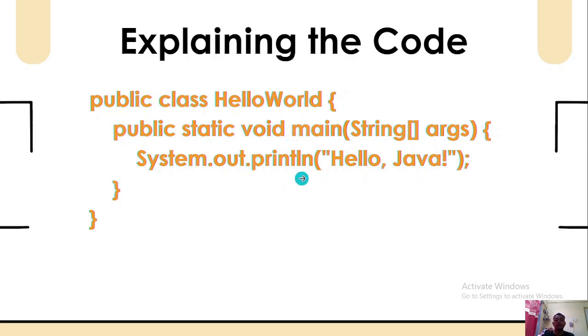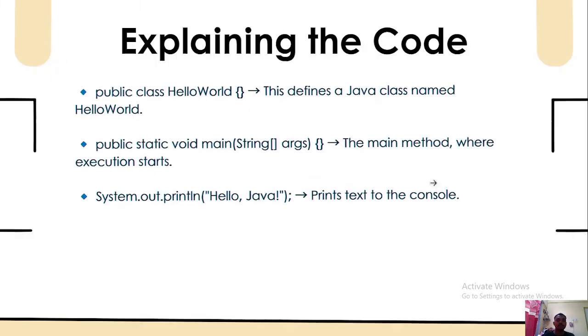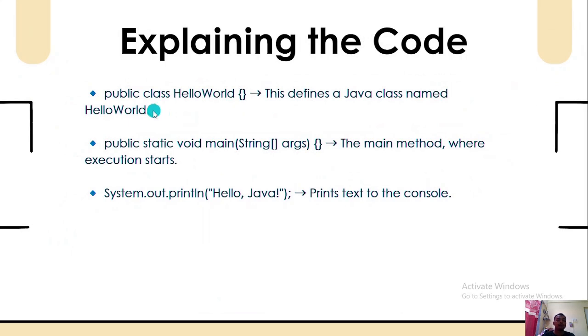So in output we will get hello Java. Public class HelloWorld, this is actually a class. This defines a Java class named HelloWorld. And this is the main method, where execution starts. And System.out.println prints hello Java.